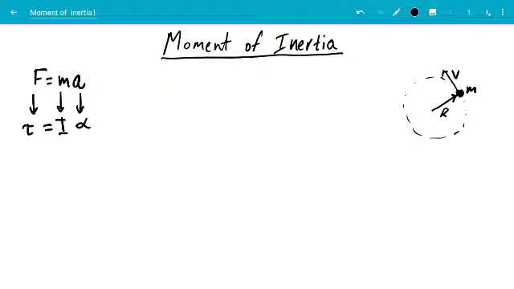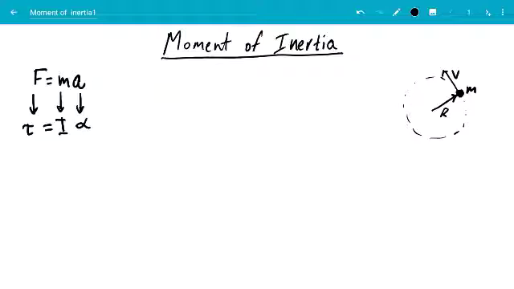So it's important to remember the moment of inertia represents how hard it is to turn something, right? The bigger the moment of inertia is, the greater the torque you're going to need to turn it.